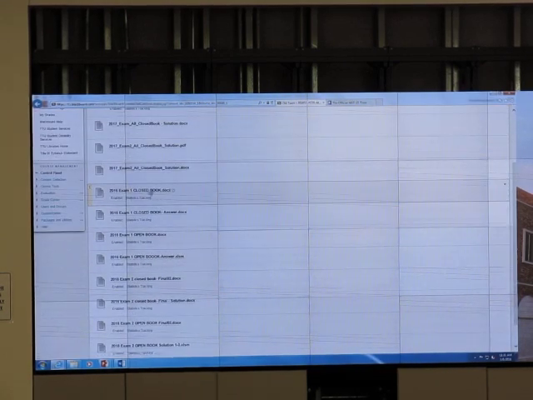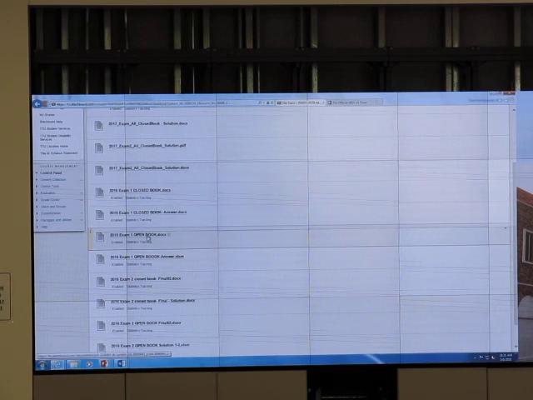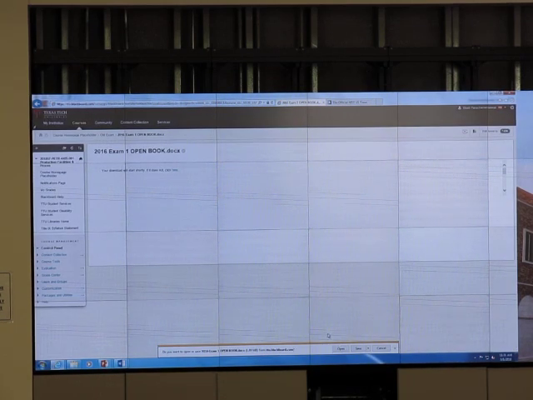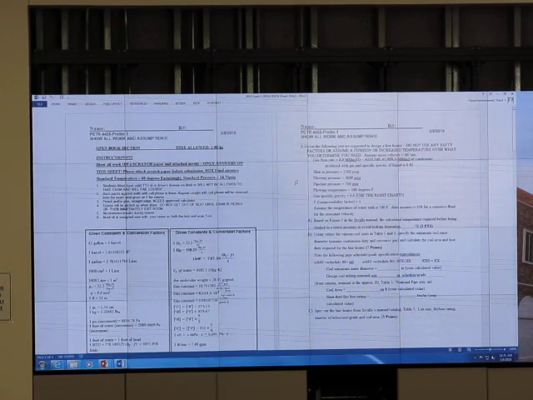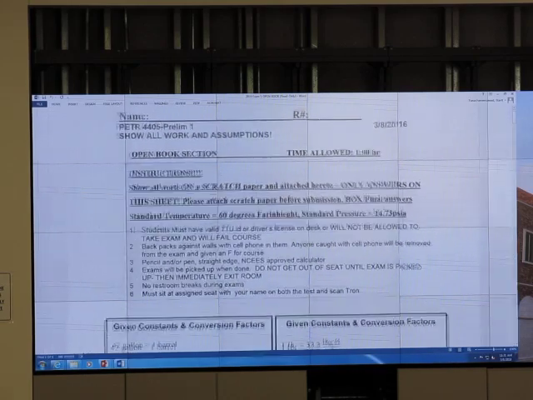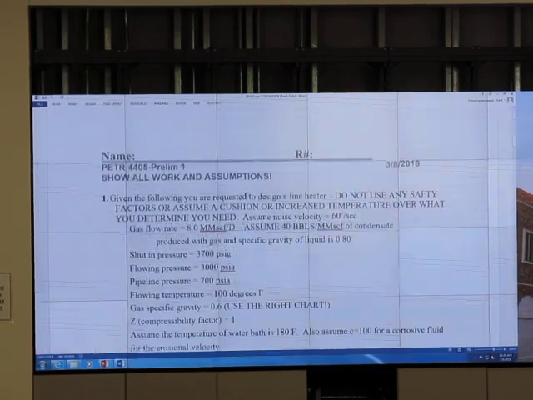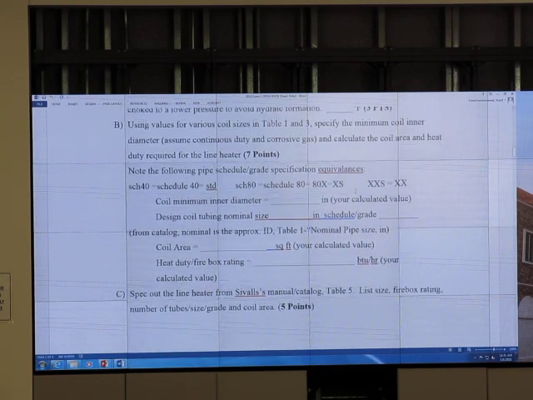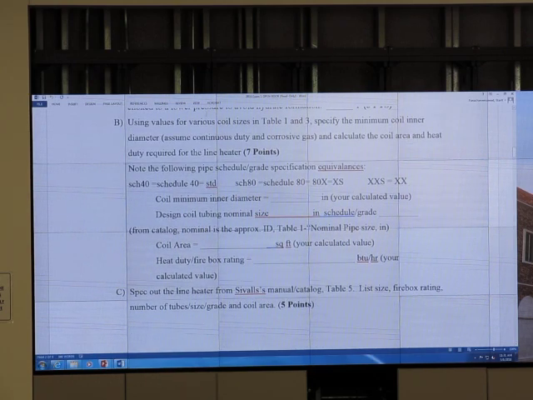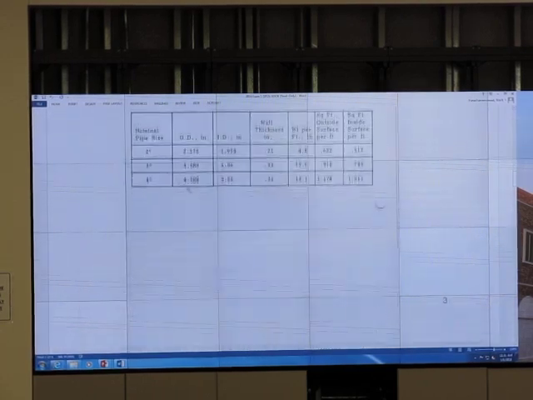I think so. I think it's 2016 open book. Is it? 2016 open book. So on 2016, okay, this exam, I have something about coil size, minimum coil diameter, have some table.